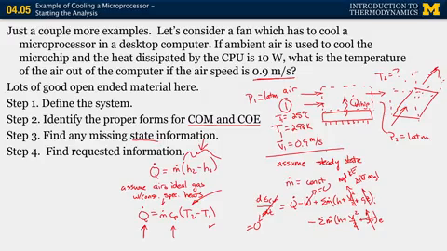So we need to be smart about the state information that we do need. We need the specific heat at constant pressure, which is generally tabulated as a function of temperature. One of your assignments is to go find that information. At 298 Kelvin, what is the specific heat for air?